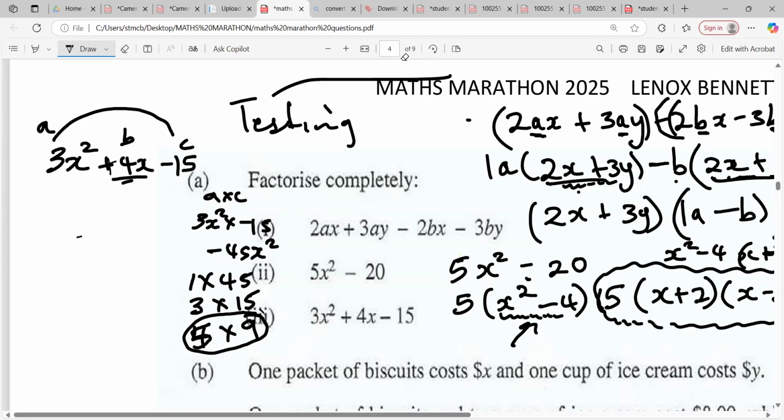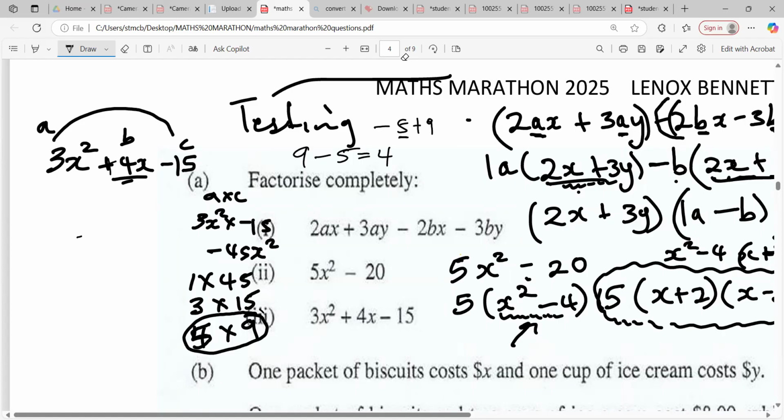So when we set it out, we're going to replace the 4x with the 5 and the 9. But guess what? It's going to be 9 minus the 5 that gives us 4. So the 5 should be negative. And guys, it does not matter. We can put the negative 5 plus 9. As long as the 5 is negative and this is positive, it will work.